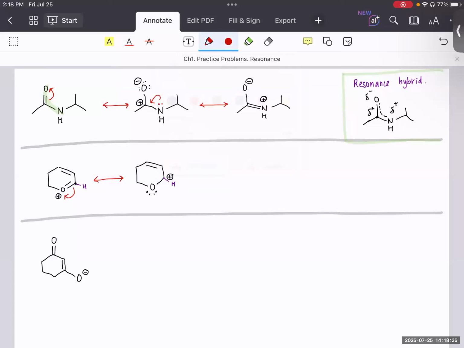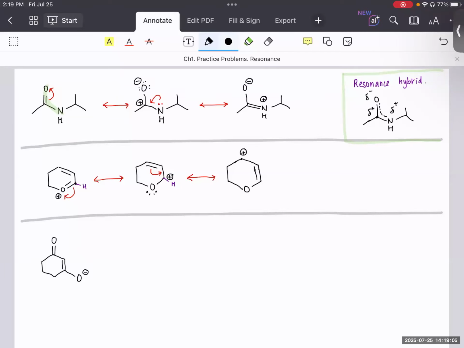All right, from here, the next thing we can do is show this double bond moving over here. And we would get our final structure right here, where we end up with a positive charge on this top carbon.